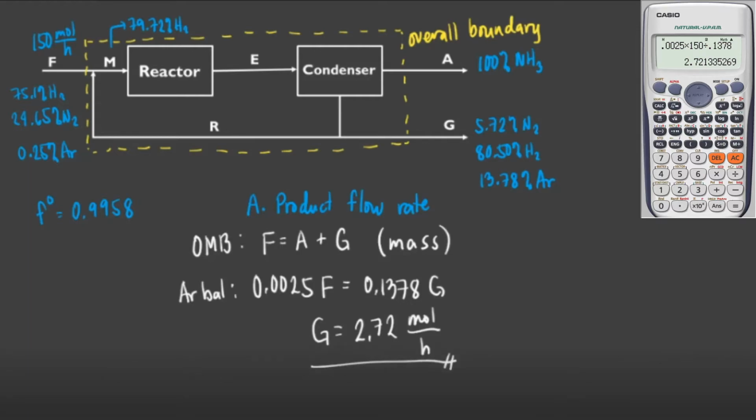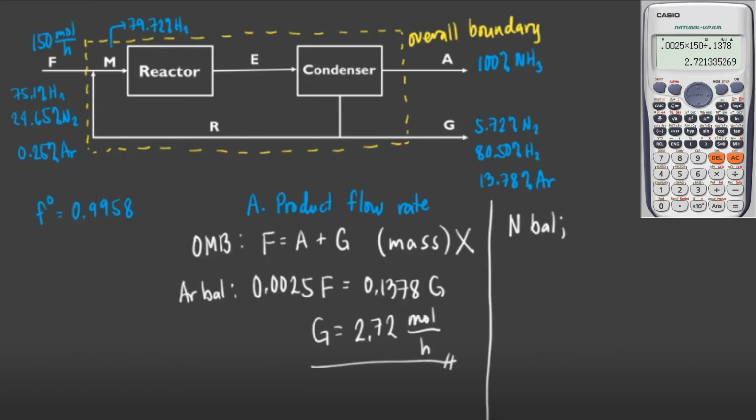Now that we know the value of the purge stream, we also know the flow rate of the feed stream. Can we now determine the flow rate of the product stream using our OMB? We still cannot use this because we are using mole units. What we can do now is we can perform atomic balances in order to find out the molar flow rate of our product. And in this case, we can easily do that with a nitrogen balance.